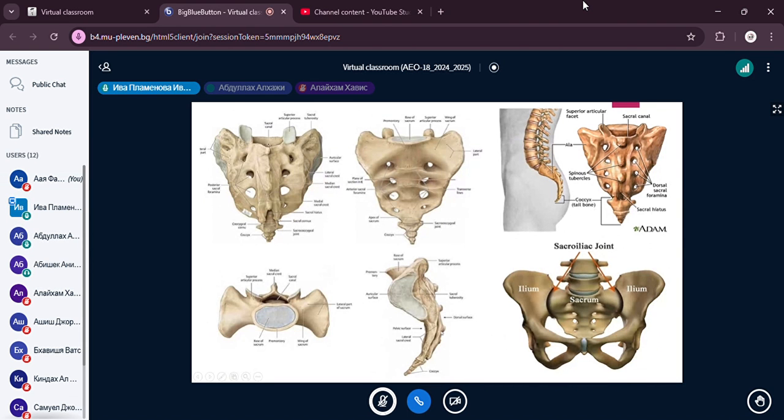Oh, perfect. Thank you. So on the dorsal surface, we can see five crests. Just in the middle, the median sacral crest, right? Crista sacralis mediana. On both sides of it, we have the medial sacral crest, and more laterally, another two crests, the lateral sacral crest, right and left.